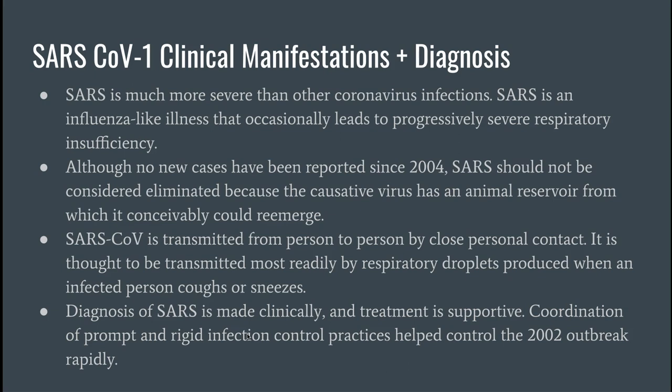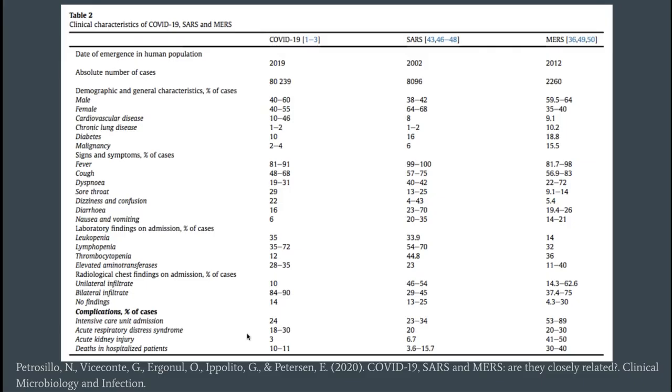Diagnosis of SARS is made clinically and treatment is supportive. Once again, the coordination of prompt and rigid infection control practices helped control the 2002 outbreak. The incubation period for SARS-CoV-1 was approximately 2 to 10 days, but currently COVID-19 is 2 to 14 days.